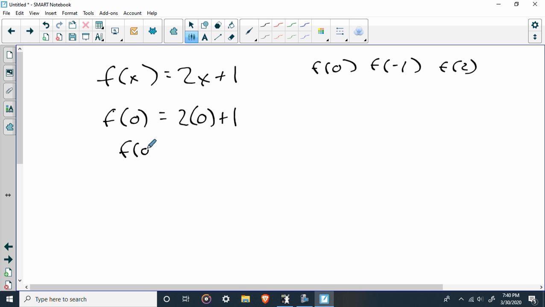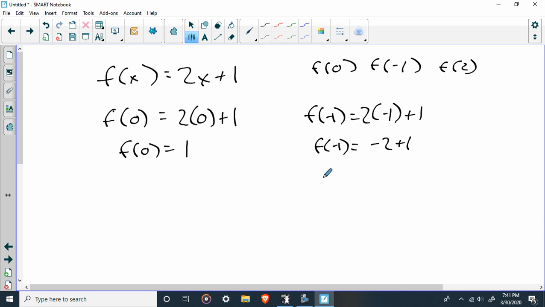Well, f of 0, therefore, would be 2 times 0 is 0. 0 plus 1 is going to be 1. Let's say what's f of -1? Let's evaluate this function at -1. 2 times -1 is -2, and -2 plus 1 is going to be -1. So we would say f of -1 is equal to -1.